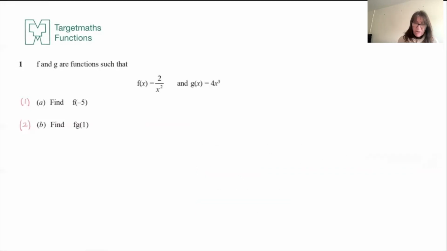Okay, so the first one is usually the first question on the exam paper, and it really is nothing more than substitution. If we've got the function f of x equaling 2 over x squared, and they say find f of minus 5, what they've done is change this x to minus 5. So when we write out the function, we're going to change the x to minus 5.